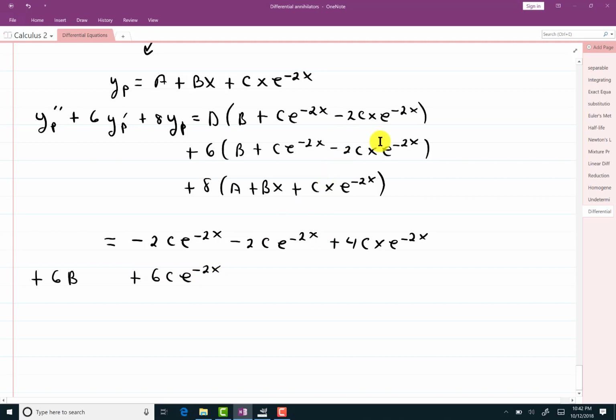And then I have minus 2cx e to the -2x. And then finally I have plus 8a plus 8bx. I don't see any x terms in here yet. Plus 8bx. I'll try to slide that in there. And then I have plus 8cx e to the -2x.